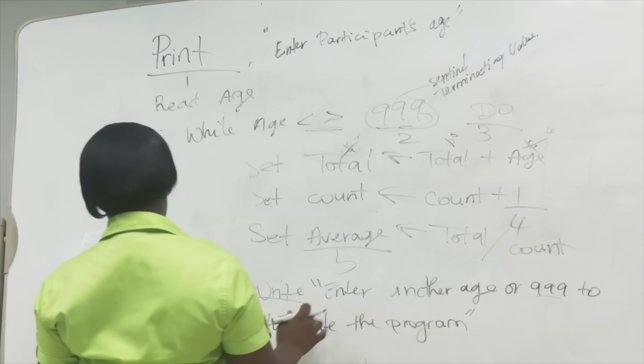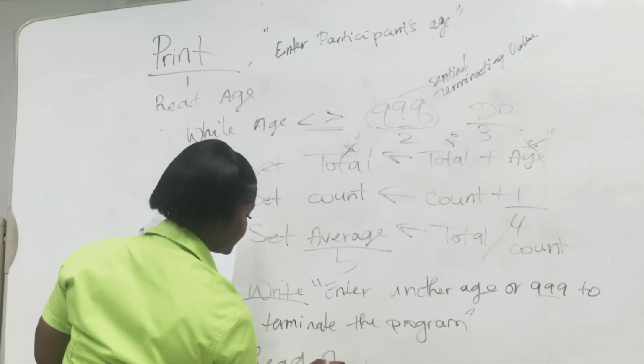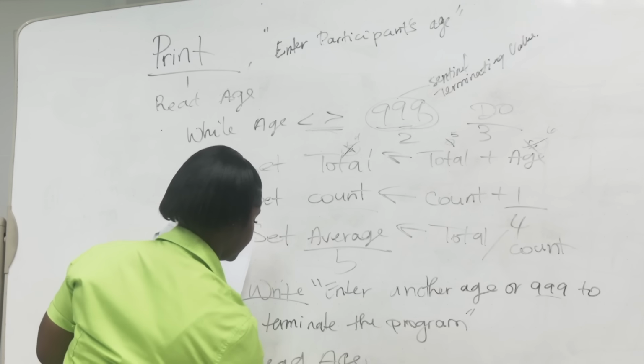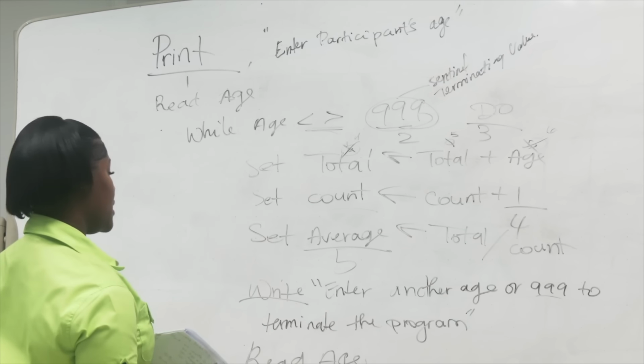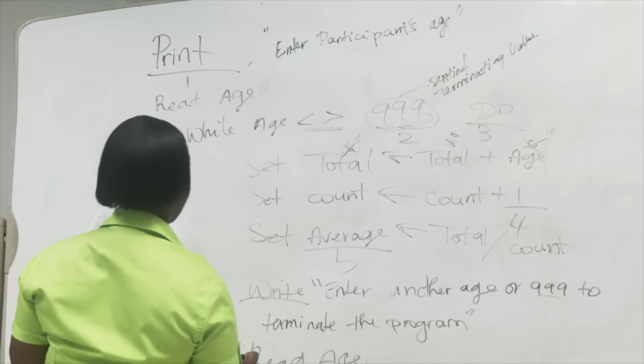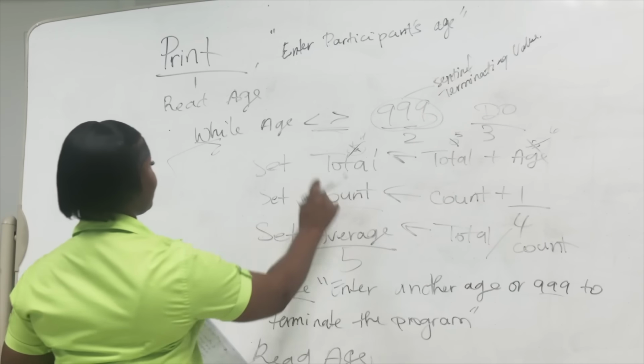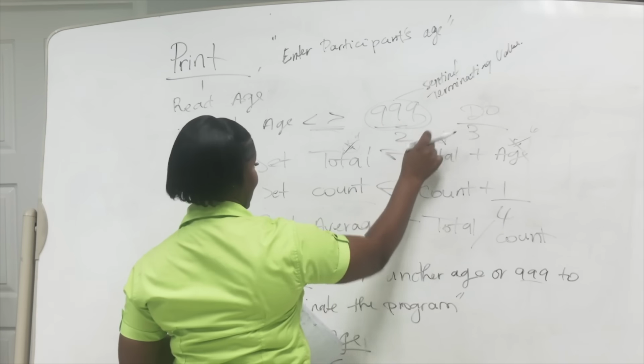So after you get the data, yes, you're going to read age. So we've accepted the age, and every time you get an age, it's tested to see if age is not equal to 999, right?